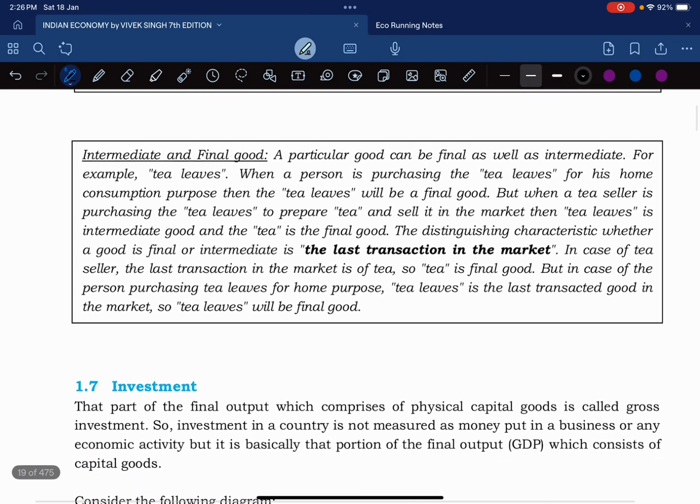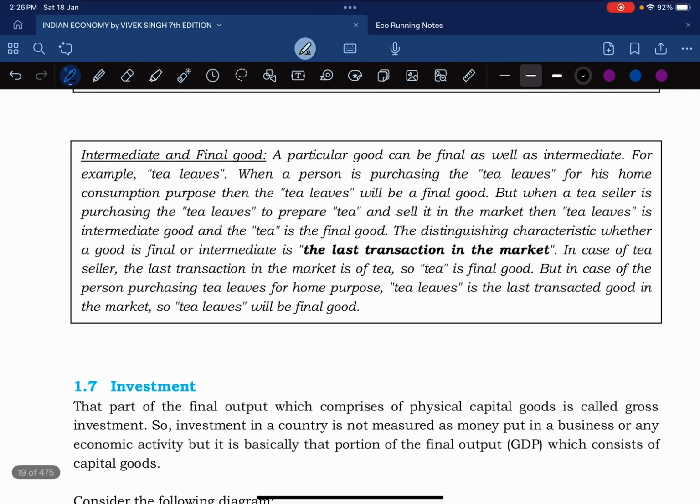Now let's go to the next thing, that is intermediate and final good. Let's say we are making tea. I bought some tea leaves from a market store nearby. The tea leaves are a final good for me because I have bought them from the market. The final product that I have bought from the market is tea leaves, so that is a final good.